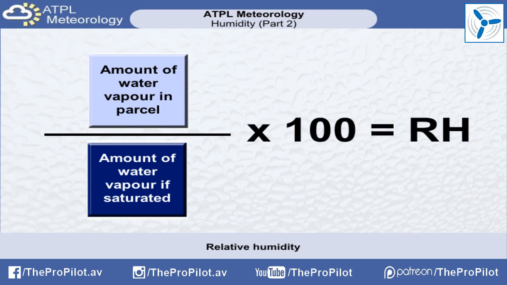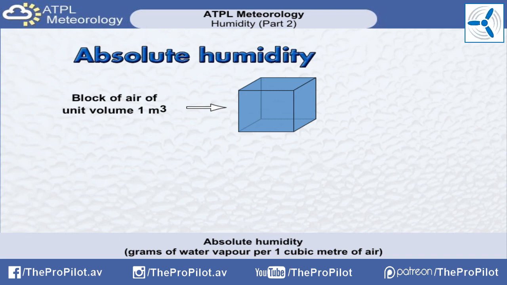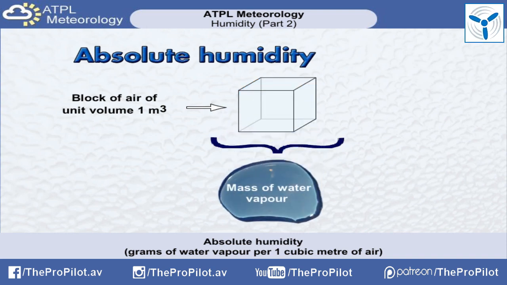A relative humidity of 100% is saturation. Absolute humidity is the mass of water vapour contained in a unit volume of air. It is expressed in terms of grams per metre cubed.